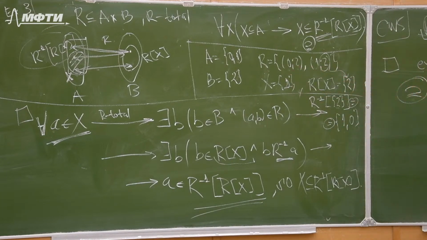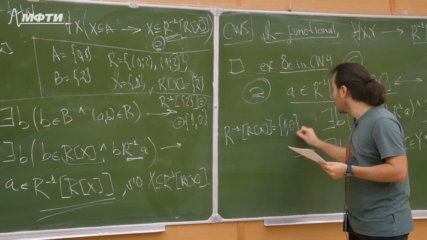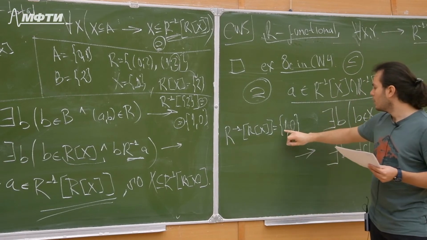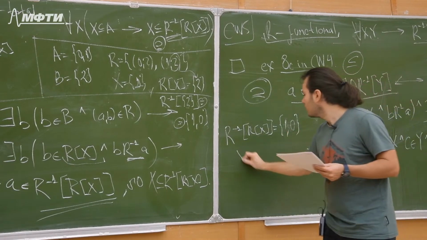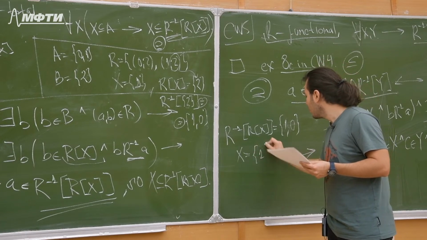So what did we obtain? R minus 1 of R of X is equal to the set of 1 and 0, and X is equal to the singleton of 1.